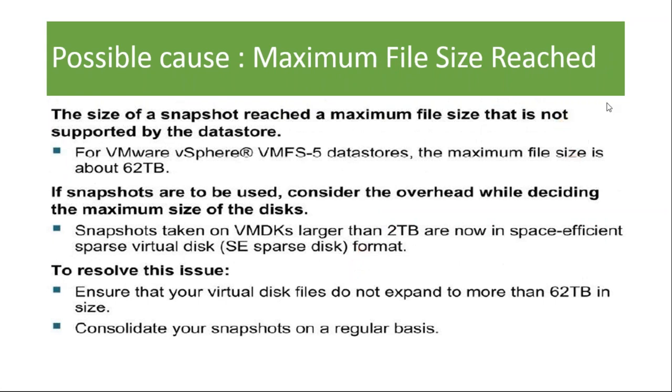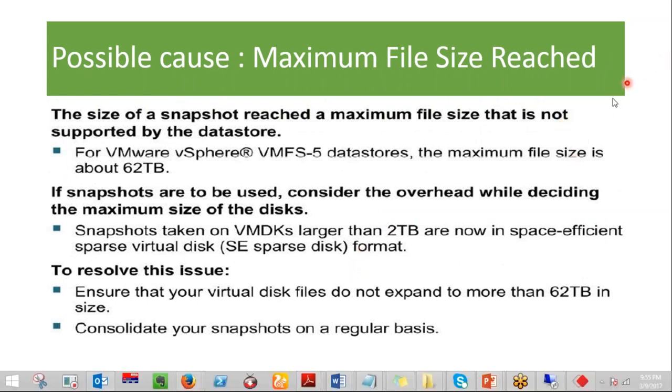So, possible causes for the maximum file size being reached by your data store. The size of the snapshot reached a maximum file size that is not supported by the data store. For VMware vSphere VMFS volume data stores, the maximum file size is about 62 TB.